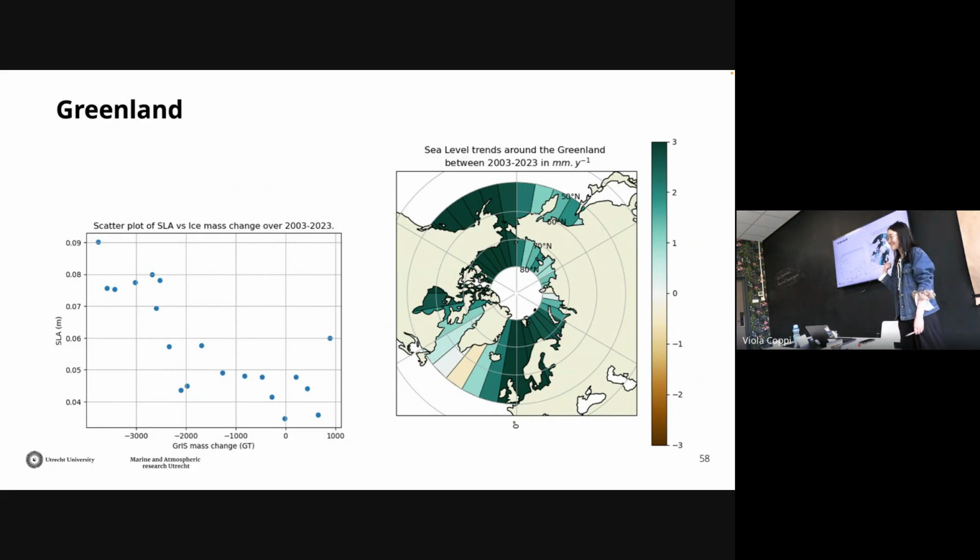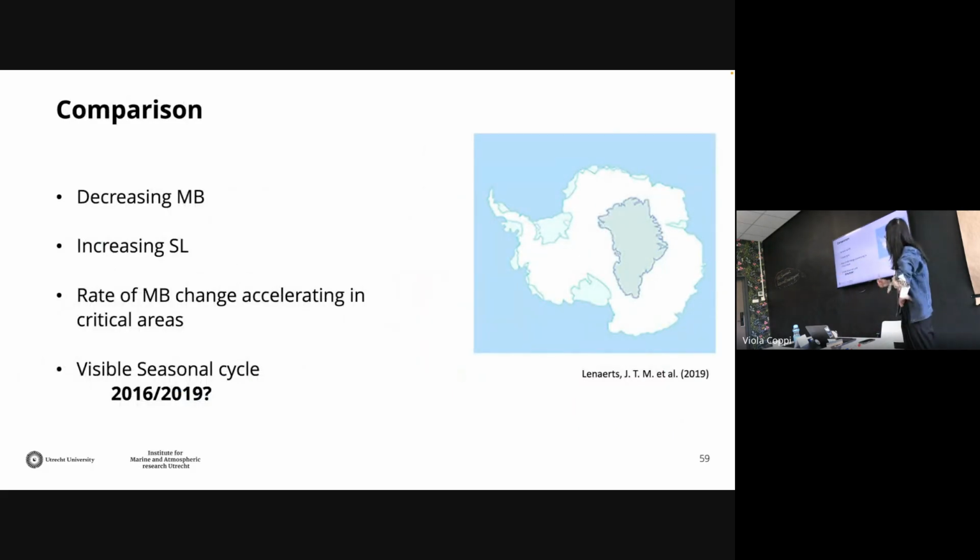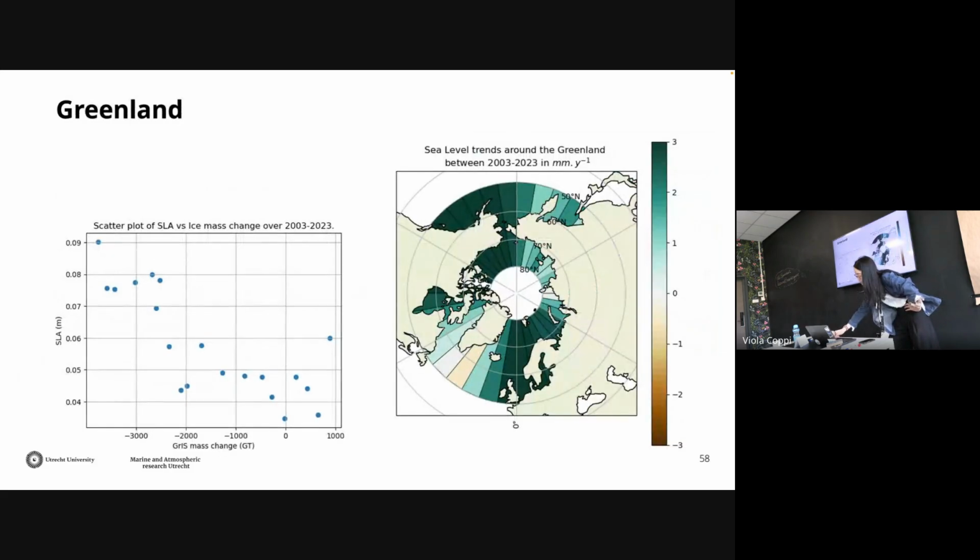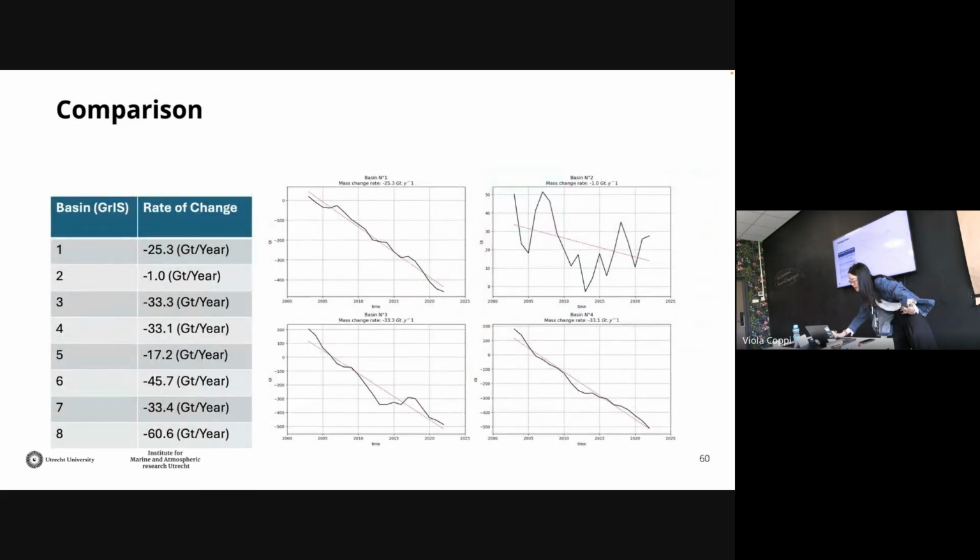The first time I showed this to my students, they were all like, do not trust these results. So I think that is just a quick overview of the melting from ICESat and the mass balance from GRACE, and before, that is more comparison.